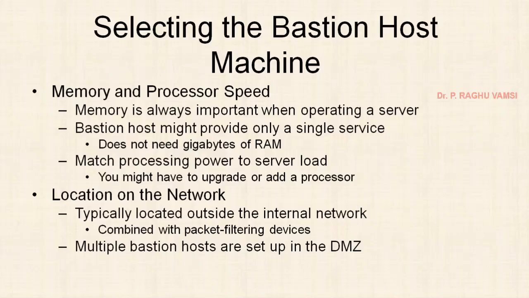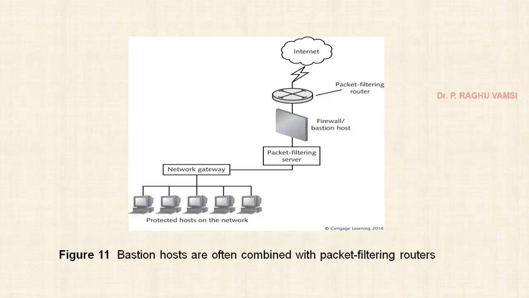Location on the network: typically outside of the internal network, combined with packet filtering devices. Multiple bastion hosts are also set up in the DMZ. So this is the traffic coming from the internet, and here the packet filtering router, firewall or bastion host. You are going to place a computer here which will act as the bastion host, in which you configure the firewall rules, and this bastion host will decide whether the traffic is for FTP or a web server or something else.